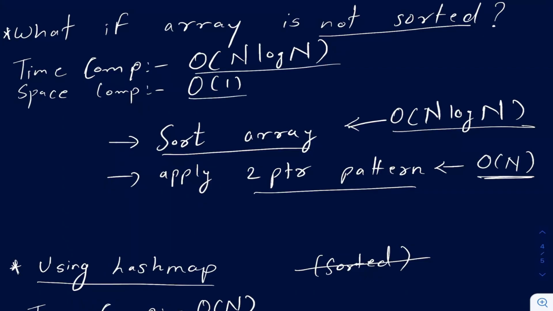So if space is a concern and you don't want to use more space, but time is not a concern for you, then you can use this approach of sorting the array and then applying the two pointers pattern. You will get good space complexity, but a little bit bad time complexity, like n times log n, right?